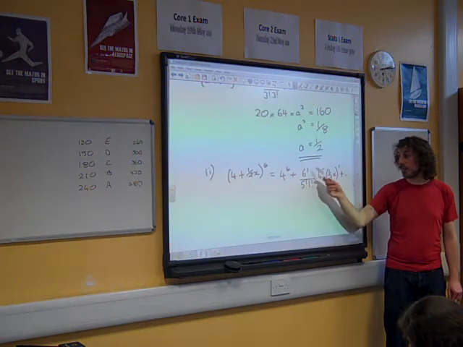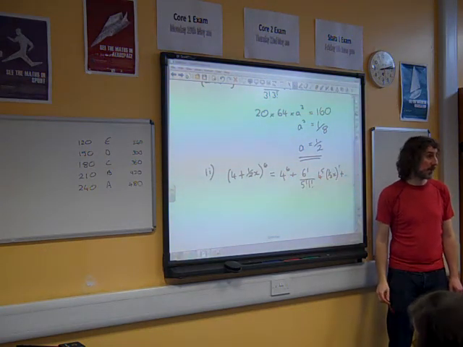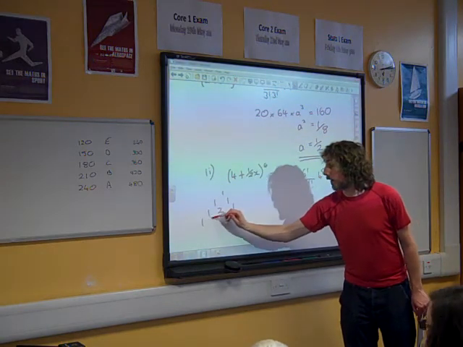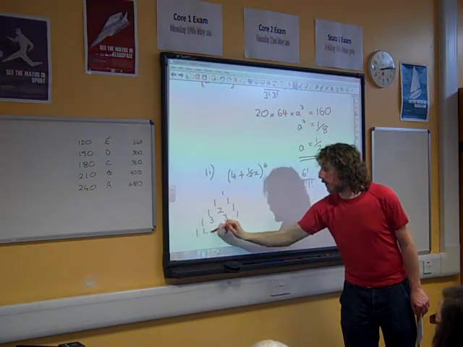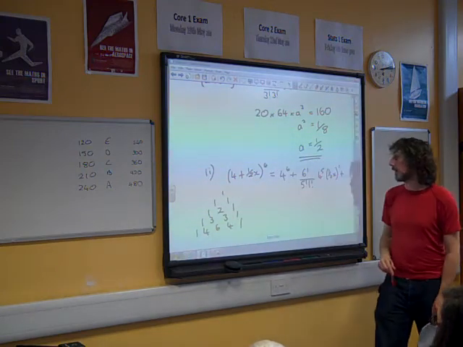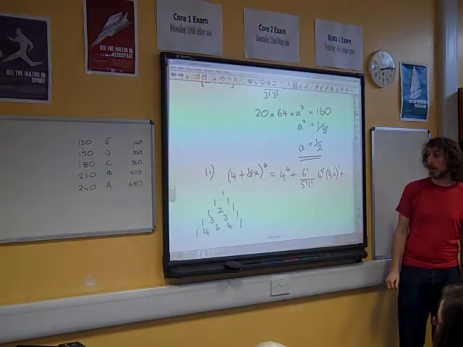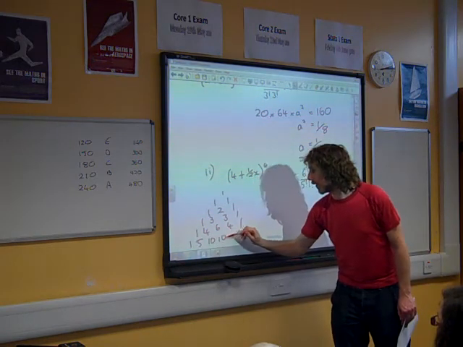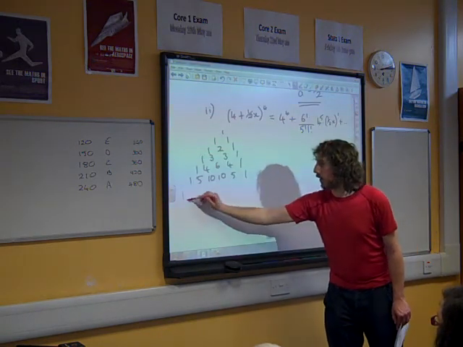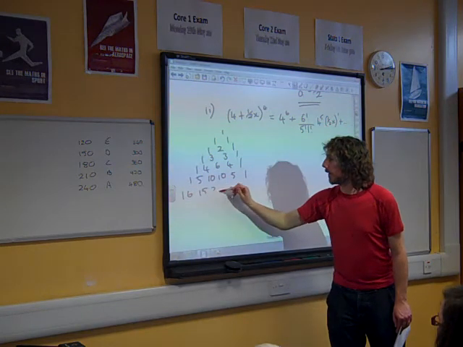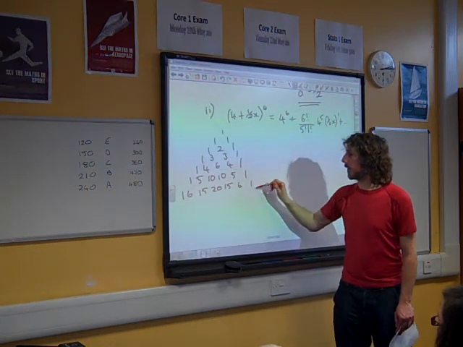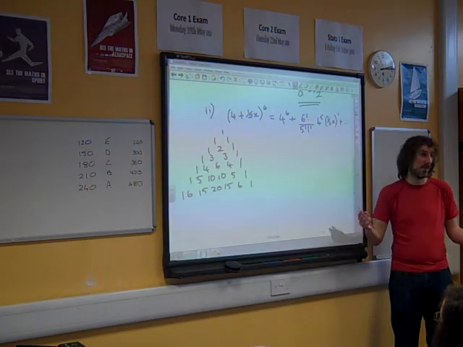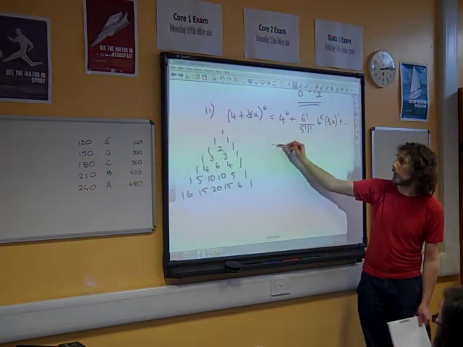You could have done this by doing 6C5 or 6C1, or even by doing a quick Pascal's triangle until you get to the 4th row and recognising that you get, oh, not the 4th row, you need the 6th row, wouldn't you? Using Pascal's triangle, great. There we go. So that must have just been the number 6. It's no big deal to find it, is it?